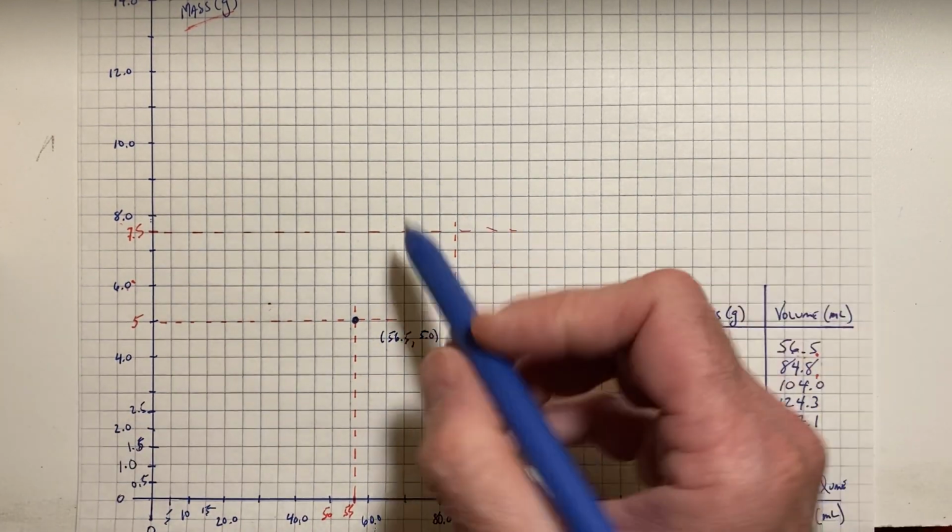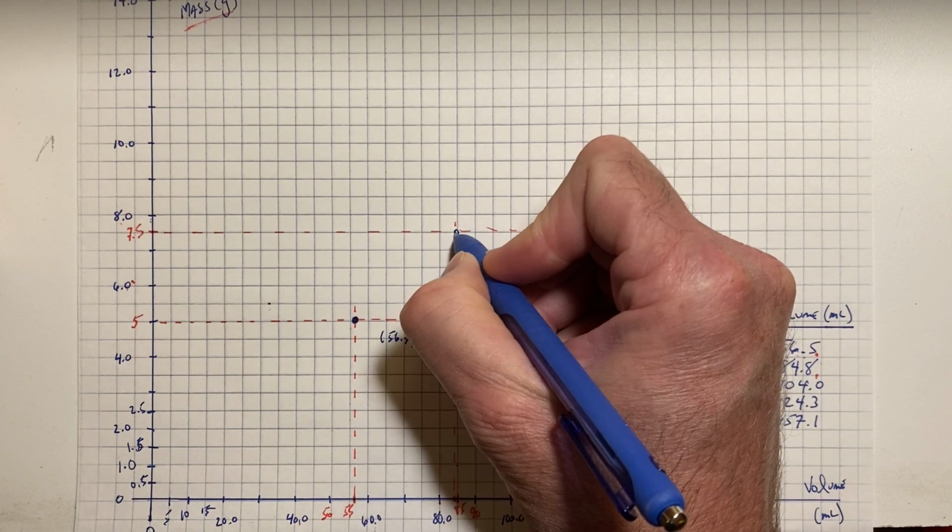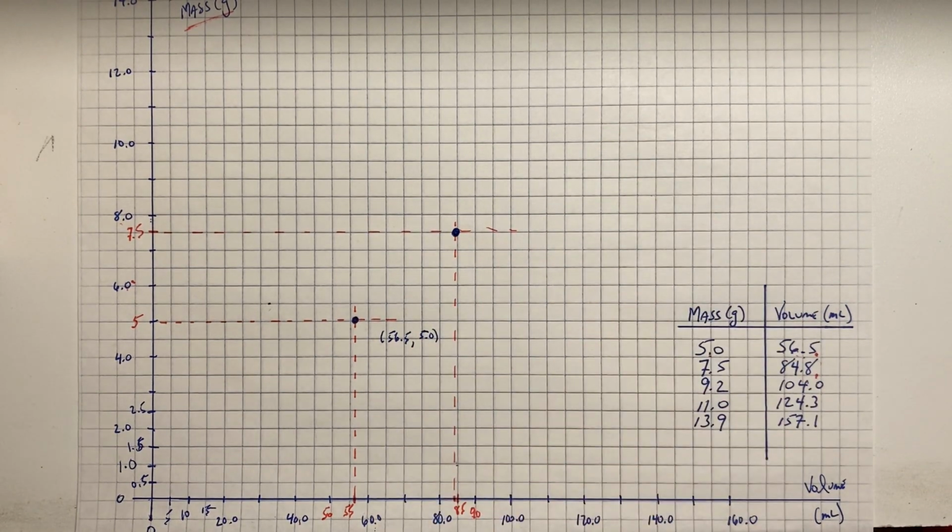And wherever those 2 dotted lines intersect, I'm going to put a point. So pause the video and give the point 9.2 and 104 a shot. Try and graph that point on your own. I'll wait a second, so pause it, and then we'll pick up again.